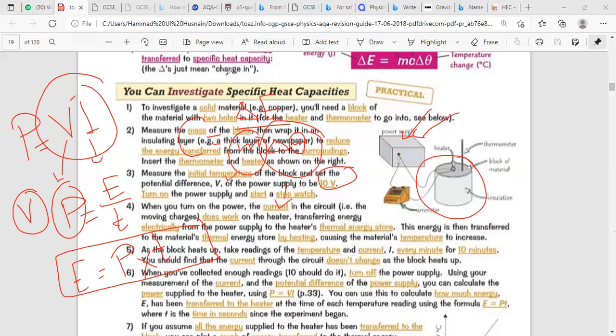We have found the mass, and from the product of power and time, we find out the change in energy. So we just divide this change in energy by the mass and the change in temperature in order to find the C. This is how we can find out the heat capacity of a material by calculating all these parameters and doing this experiment.